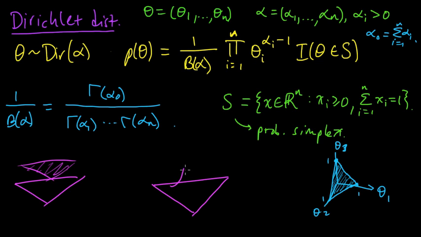Another thing it can do is have a hump in the middle, something sort of Gaussian looking, but constrained to this set. It could also have a hump near one of the corners or located somewhere else in this triangle.